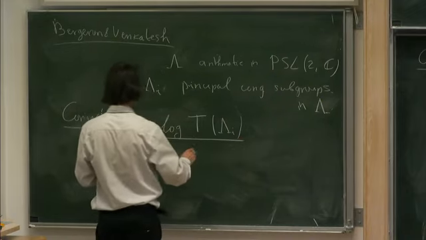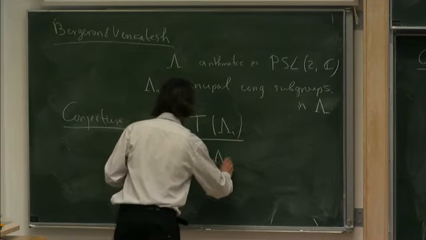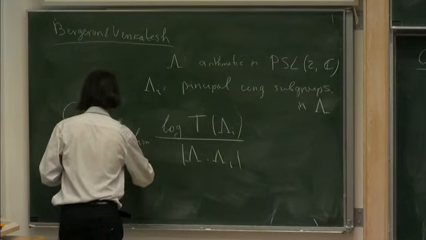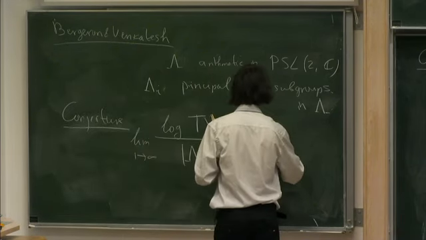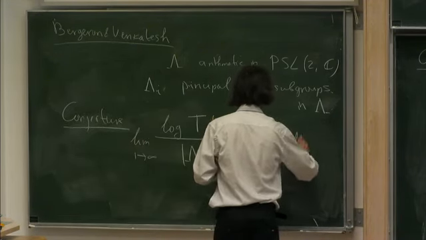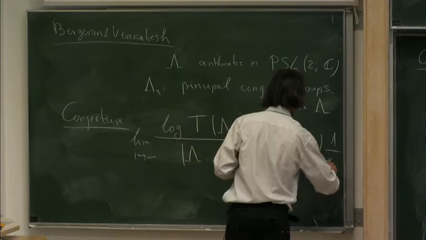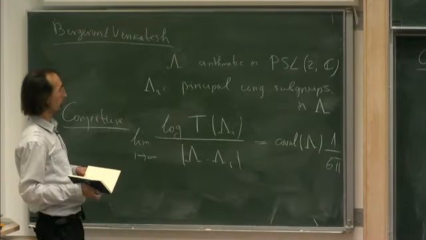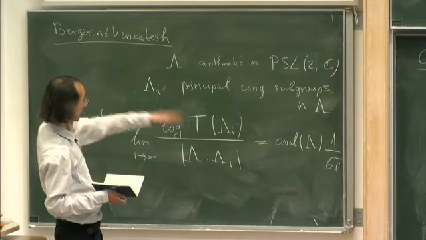If I take the log of the torsion in the Abelianization, divide by the index, and take the limit, I will get basically the co-volume of the original lattice rescaled by a certain number which depends on the choice of the volume form, but in the standard choice, you get some multiple of pi.